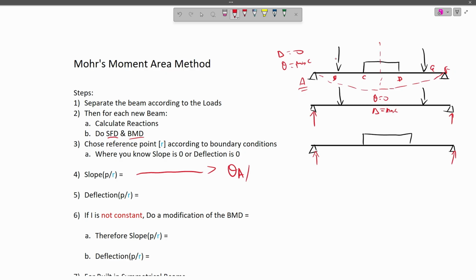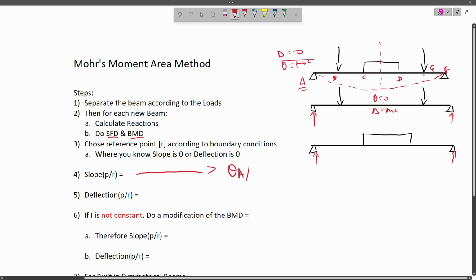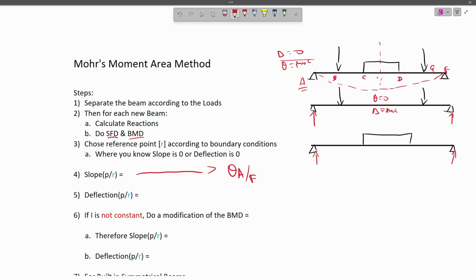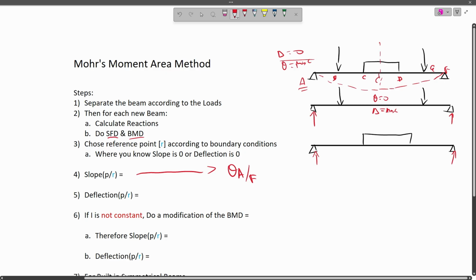We know our deflection at F is 0. And we know our slope at C prime, which is the turning point, or D prime, or you can call it G, is 0. So you can use either condition to find your slope and deflection.